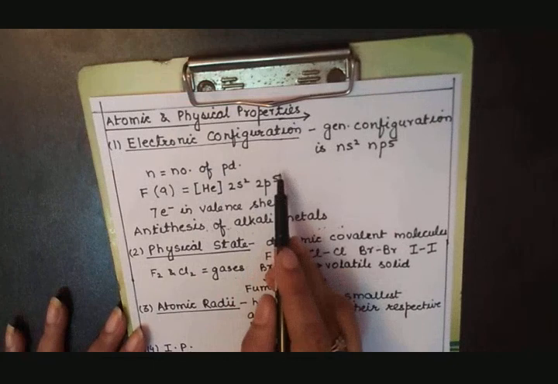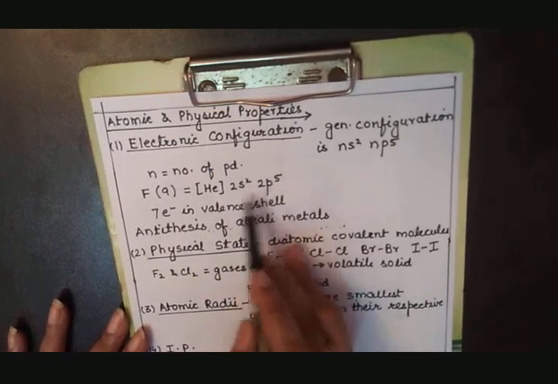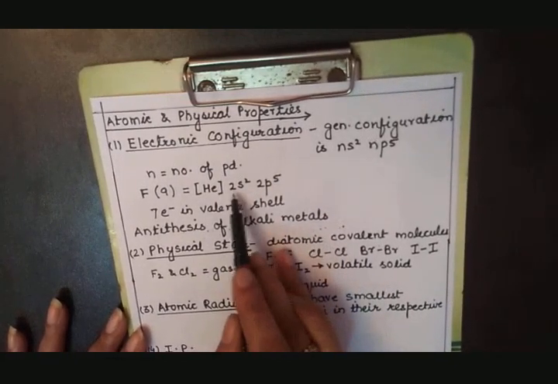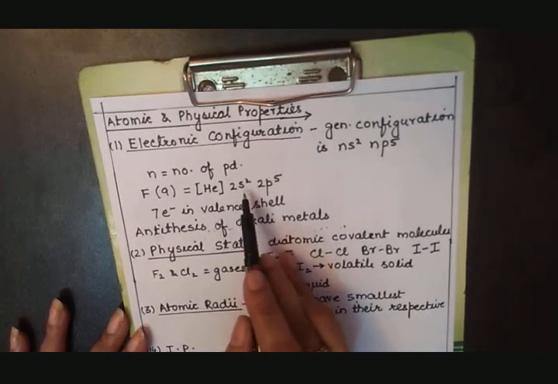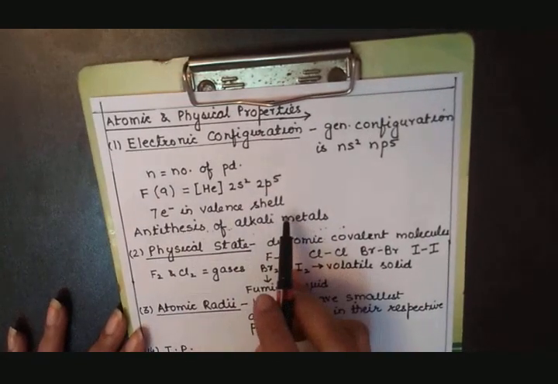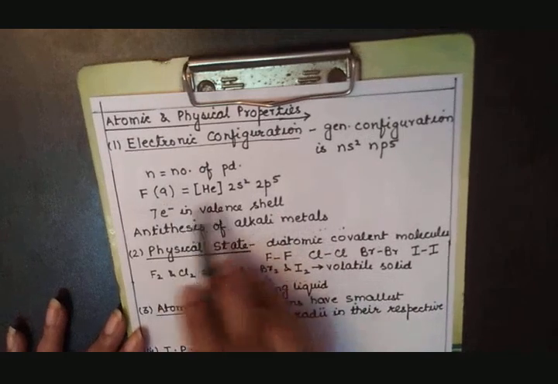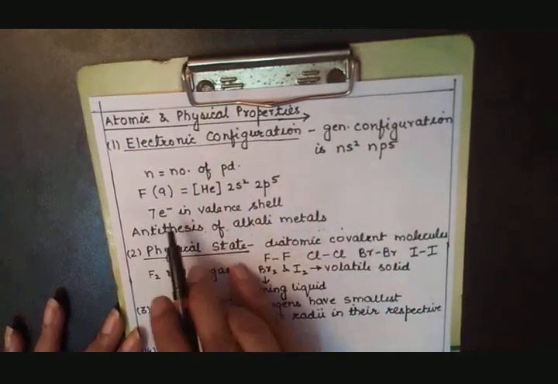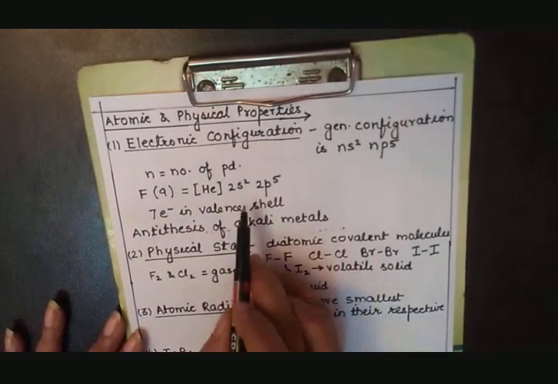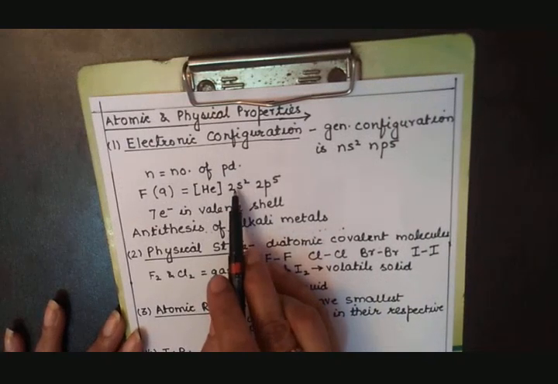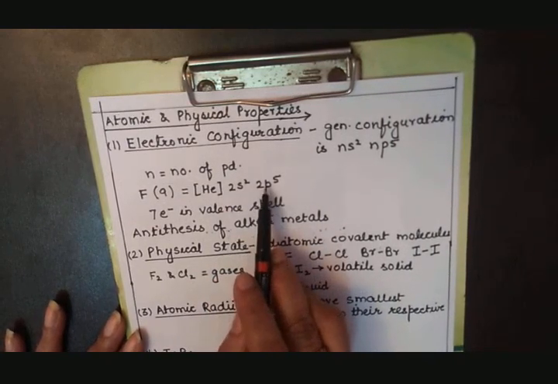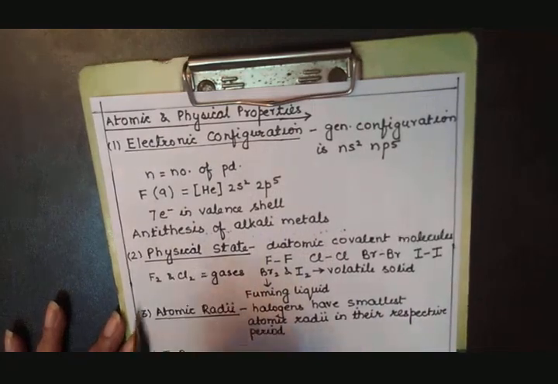It has 7 electrons in its valence shell. It has only 2 shells and 7 electrons in the valence shell, out of which 2 are in 2s and the other 5 are in 2p.